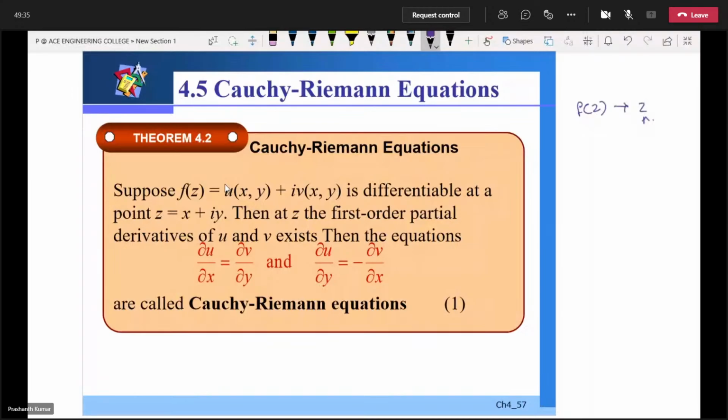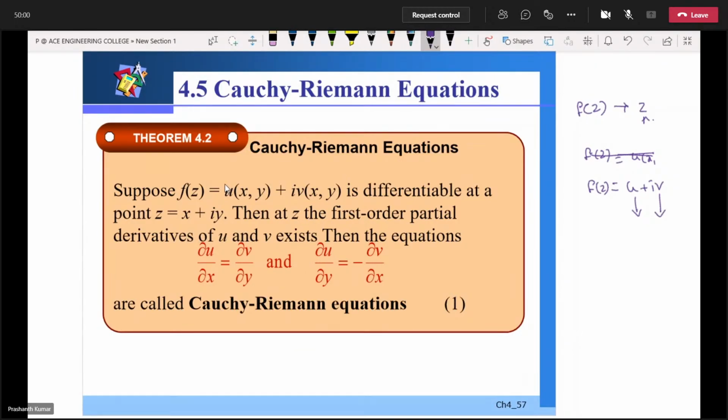U and v means what? F of z we write as u plus iv, ఈ విధంగానే కదండి, u ప్లస్ iv అని రాస్తాము. F of z is equal to u plus iv. So this u దగ్గర v దగ్గర partial derivatives we will find.